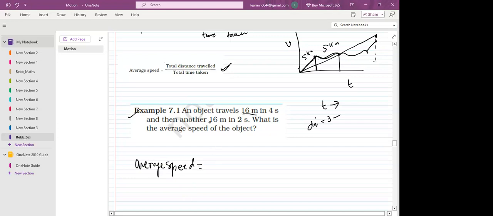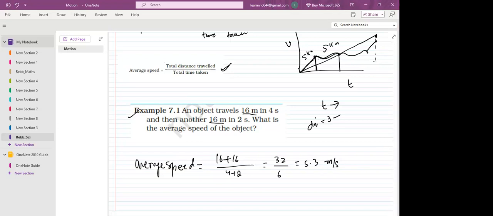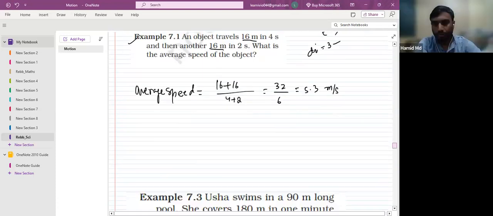You add 16 and 16 to get the total distance traveled, and 4 plus 2 gives the total time taken. Then 32 divided by 6 gives 5.333 meters per second.